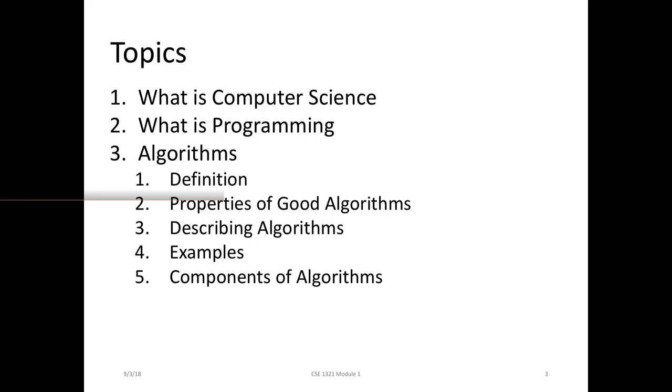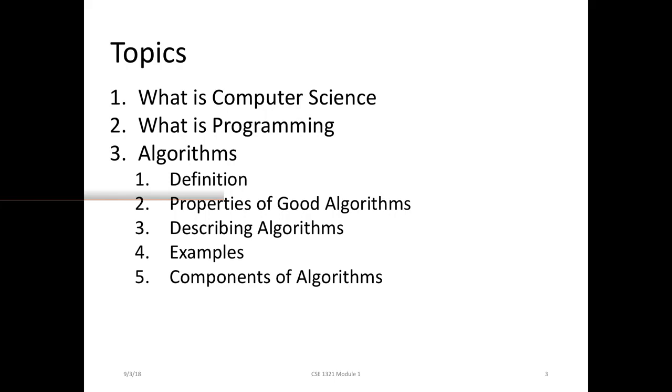So the whole goal of this class is to learn how to write algorithms. Definitely you will understand what an algorithm is. You already knew that an algorithm is a step by step process to solve a problem, right?